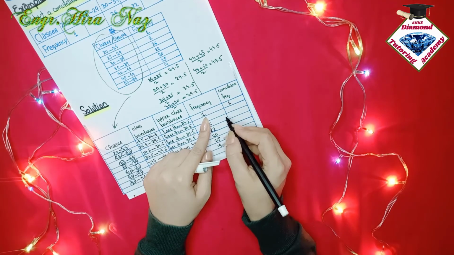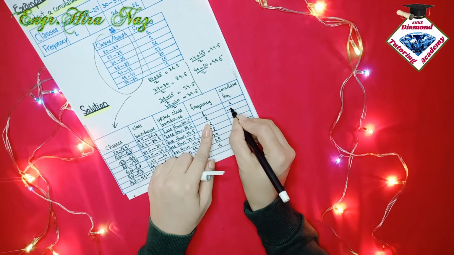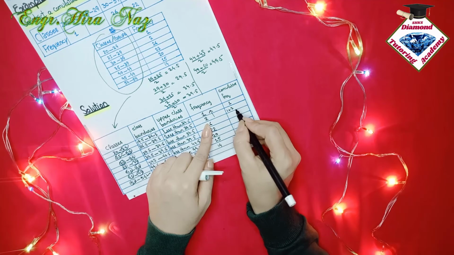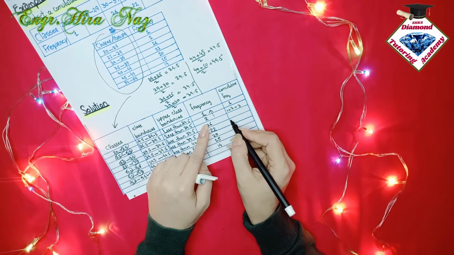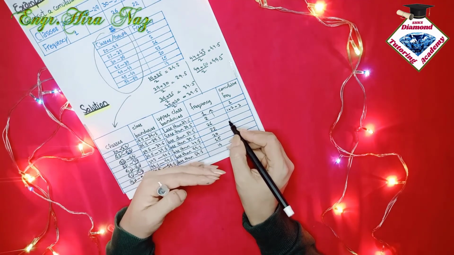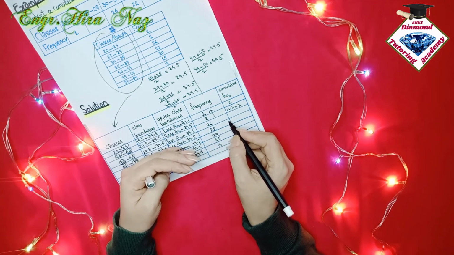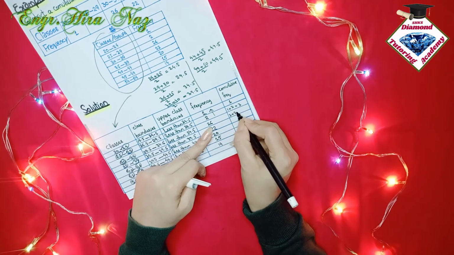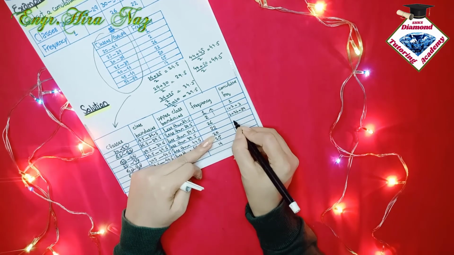But for second class, our cumulative frequency is 1 plus 2, means frequency of this class adding its previous class frequency. So we'll get here 3. Means for every next class, we have to add the previous class frequency in that class frequency. Understand? So here 3 plus 26 will give us 29.